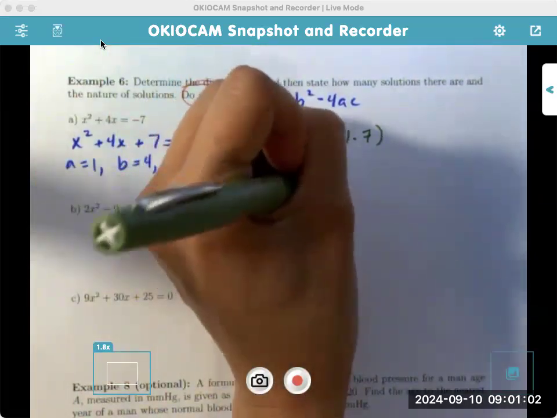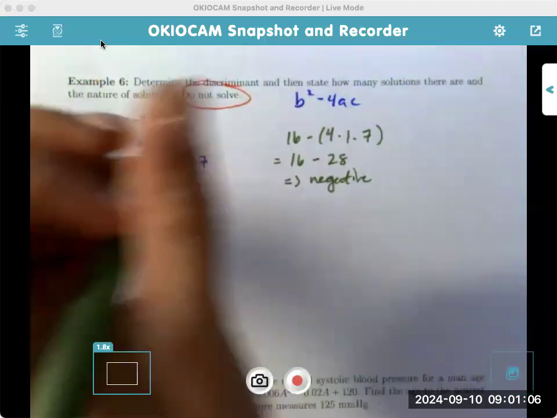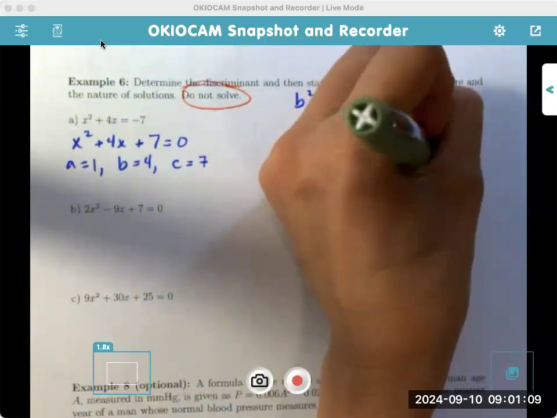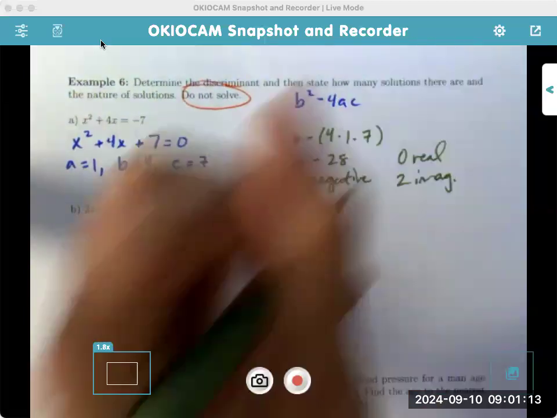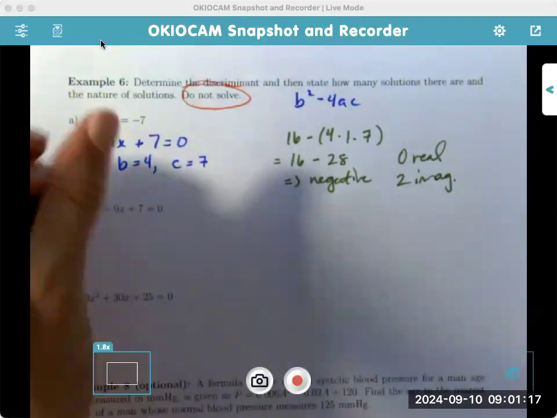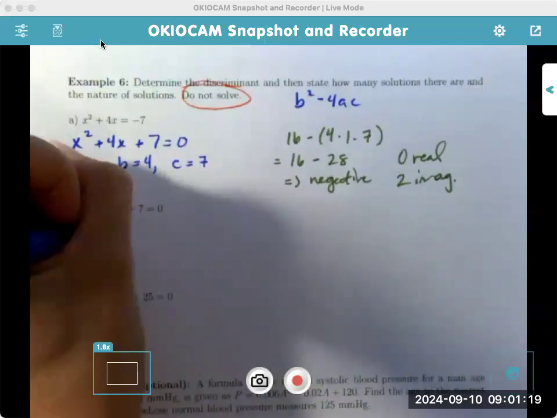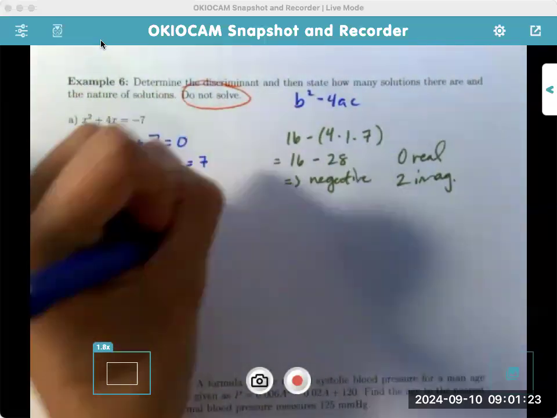Well, that is a negative number. So in this case, there's 0 real, but 2 imaginary. If we do b, a is 2, b is equal to negative 9, and c is equal to 7.